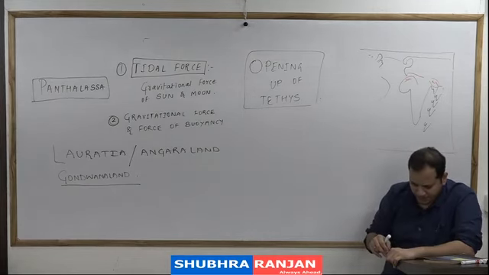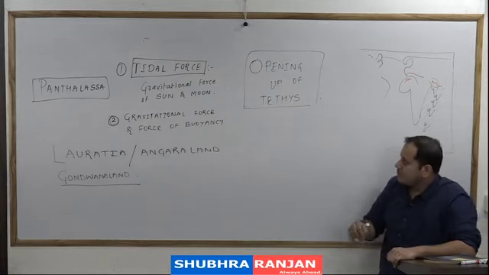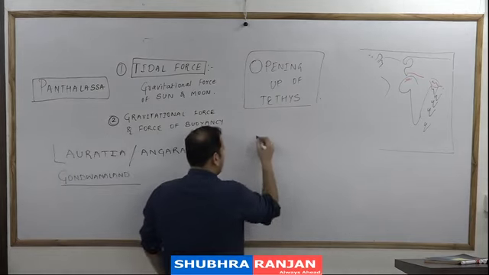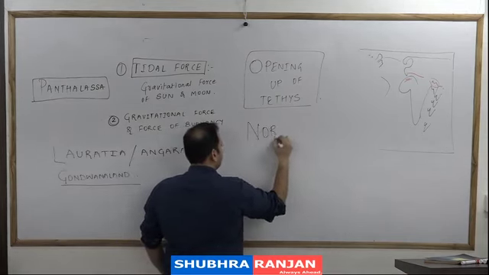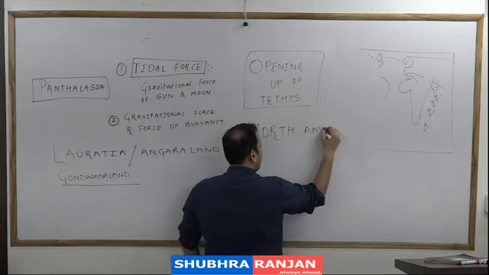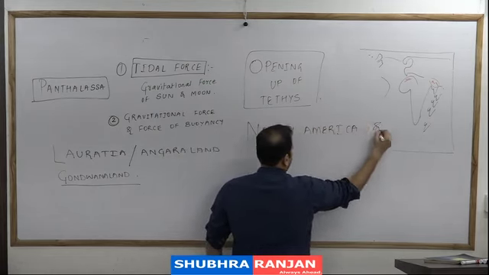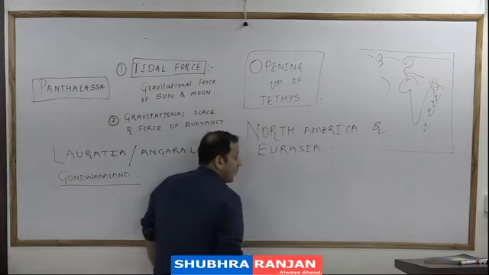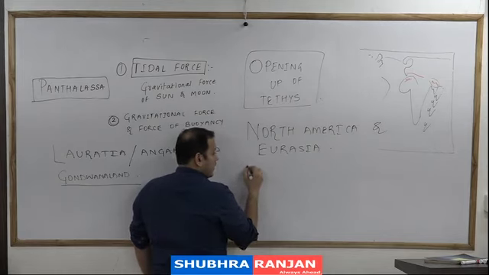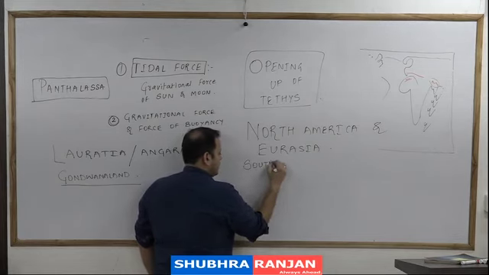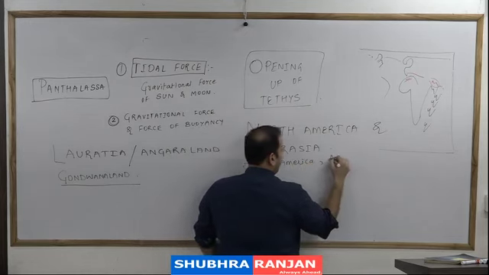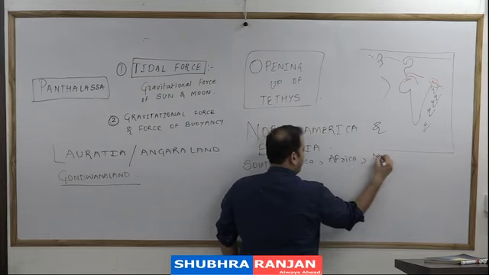Next point, third point. The Laurasia land further broke into North America and Eurasia, while the Gondwana land broke into South America, Africa, Madagascar.